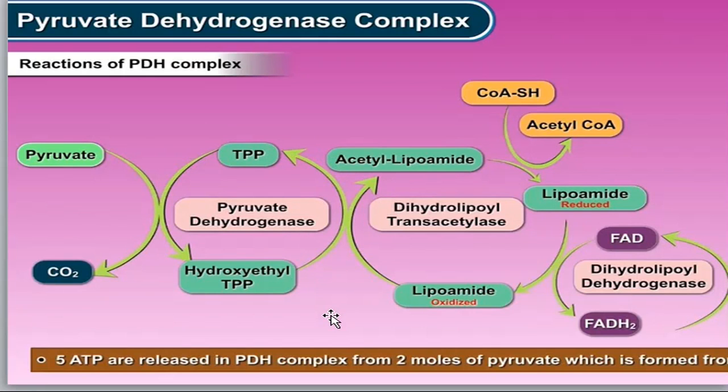So in case of vitamin B complex deficiency, we can expect the speed of the TCA cycle to slow down, or the number of times the TCA cycle takes place to be reduced, due to the lack of vitamin B complex derived cofactors, which are TPP, FAD, NAD, lipoamide, etc. So that's why in case of vitamin B complex deficiency, weakness is manifested in the patient due to the energy generation defect.